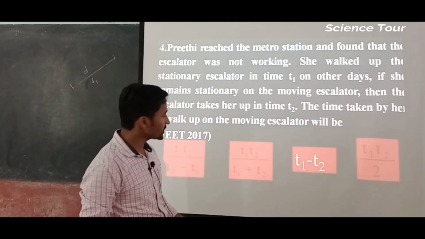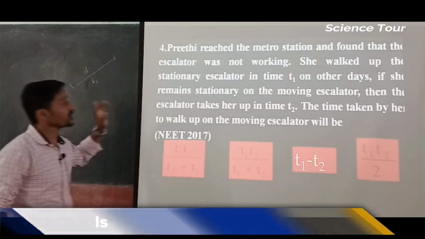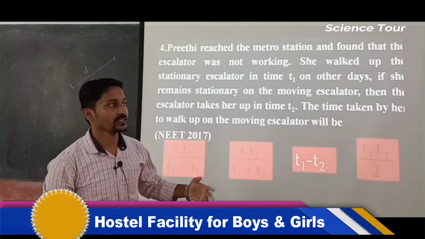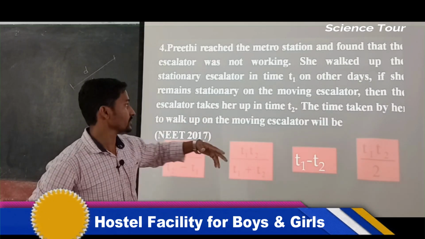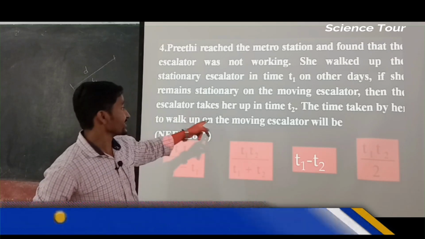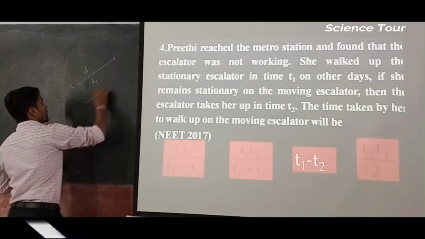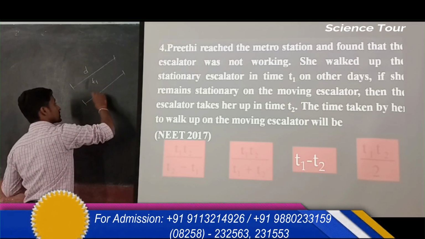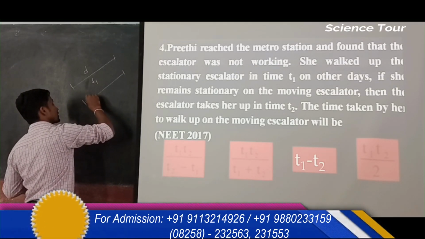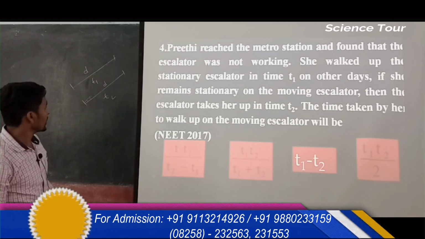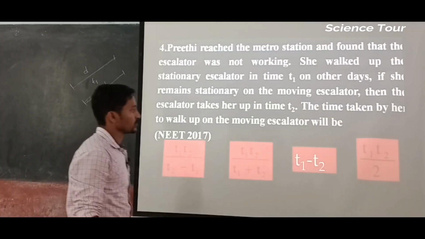On other days, if she remains stationary on the moving escalator, the escalator itself moves, then the escalator takes her up in time t2, means the time for the steps to move is t2, the same distance d can be traveled in time t2.